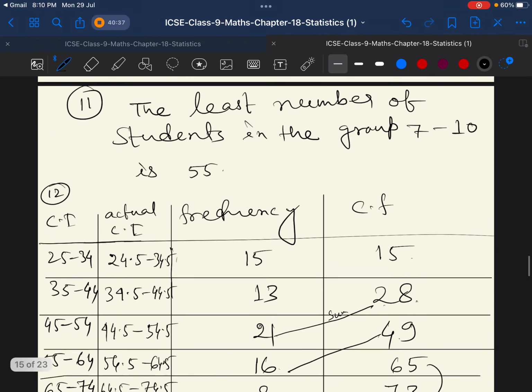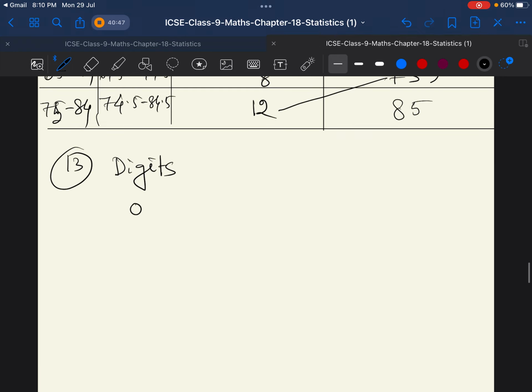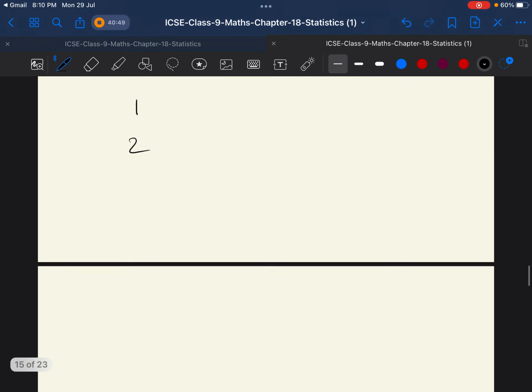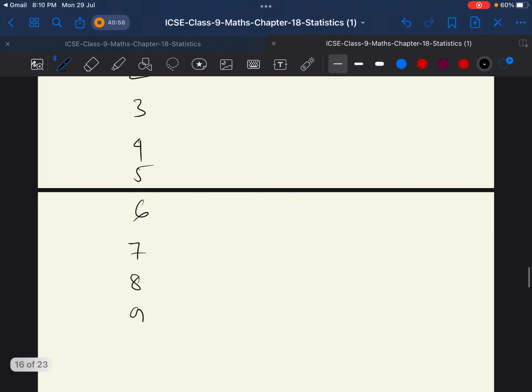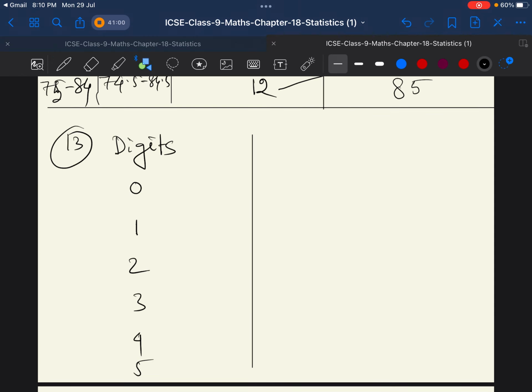After decimal places the digits from 0 to 9 will be 0, 1, 2, 3, 4, 5, 6, 7, 8 and 9.